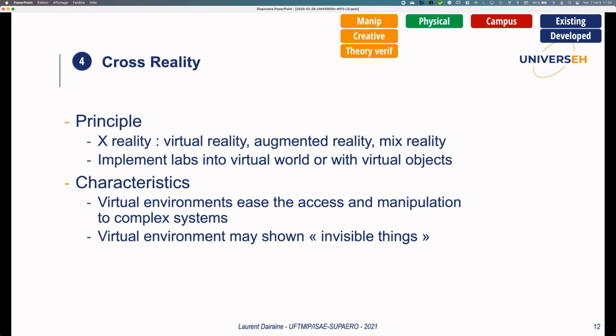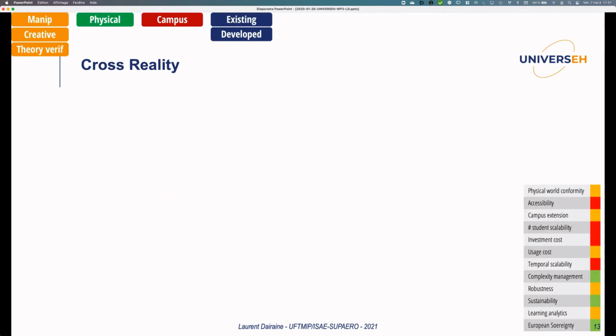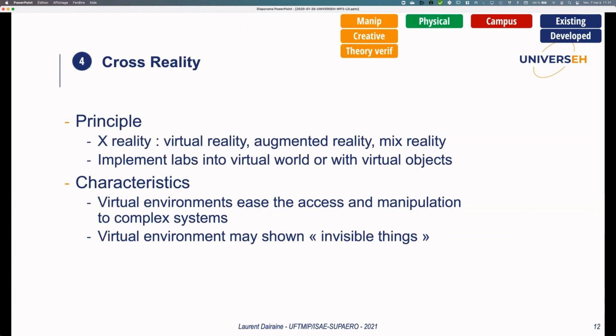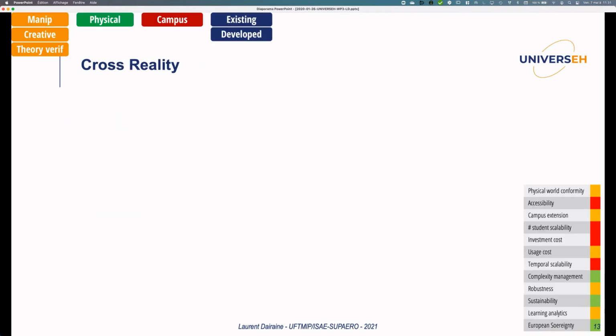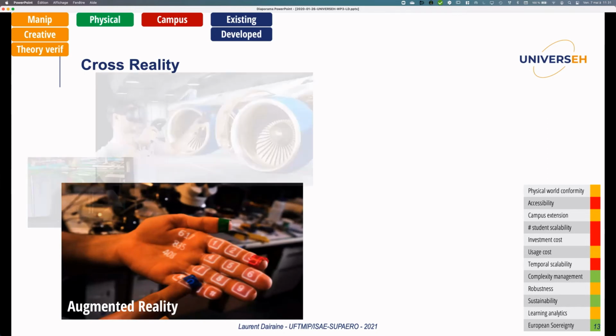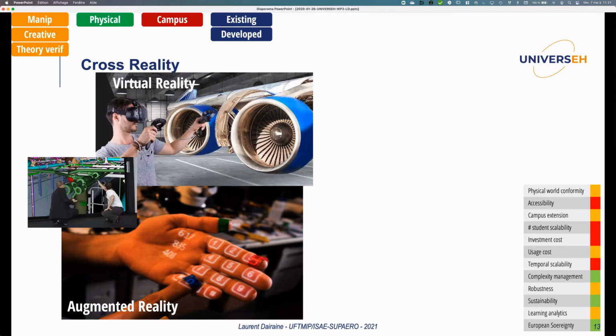I show you the difference between augmented, virtual and mixed reality. Augmented reality is when you augment the reality with, for example, such a tool. In virtual reality, you have to have a mask, glasses on your eyes, and you don't see the real world.